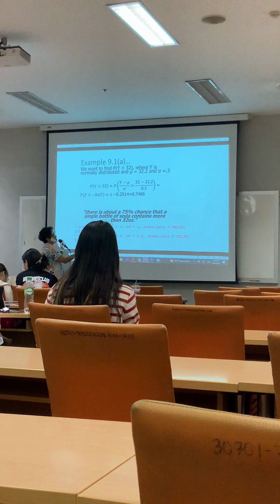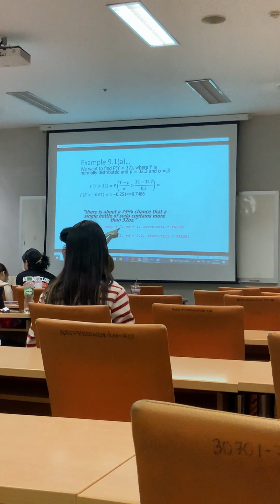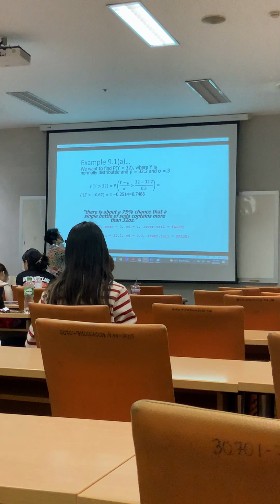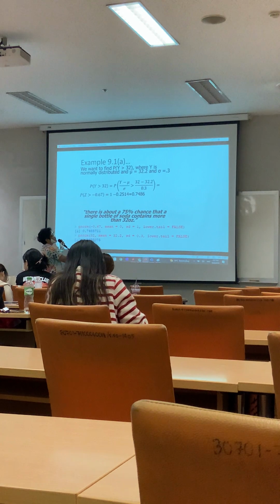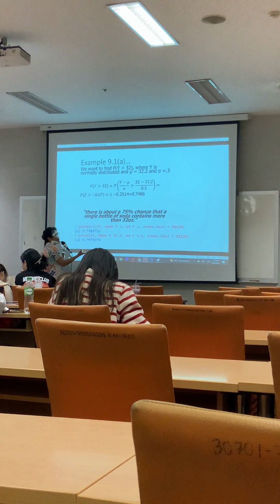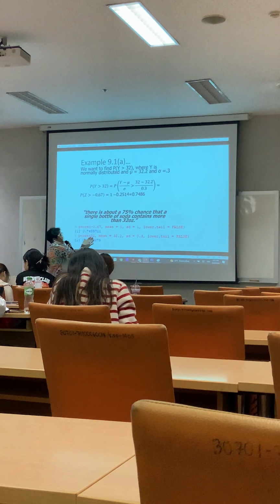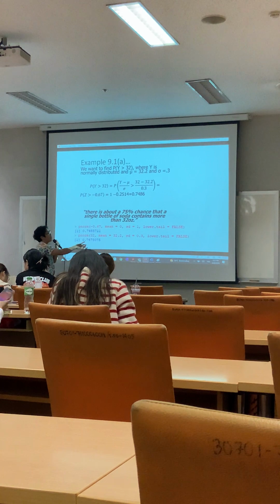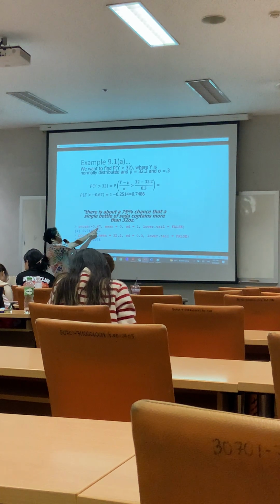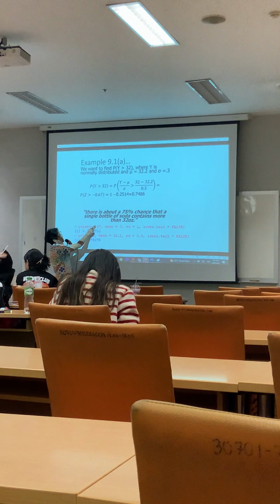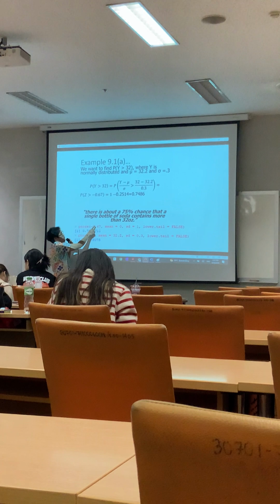Or in R, you don't have to stick with standard normal. You can use the true normal distribution, mean 32.2, SD 0.3, and you put 32 here, lower tail false, and you can see that this is, well, almost the same number. Because the way we calculate, actually it has to be 0.666667.